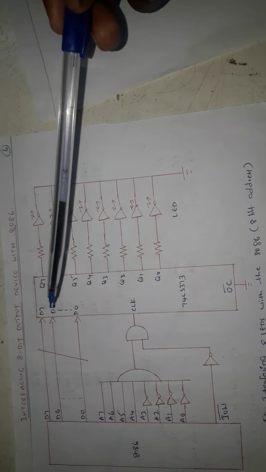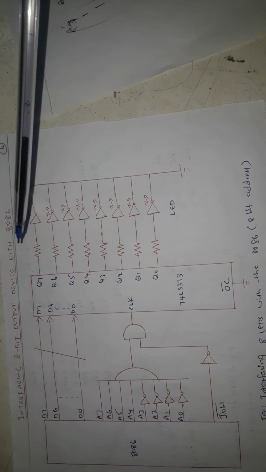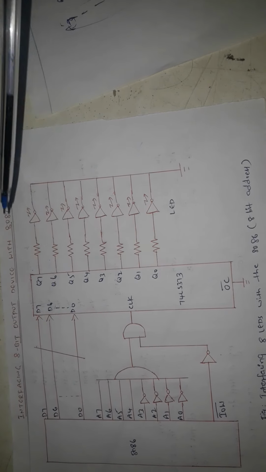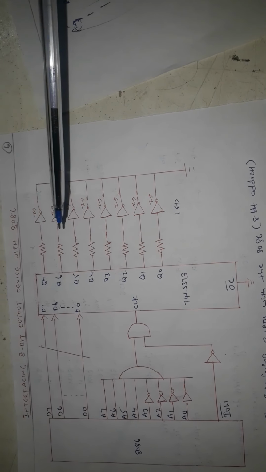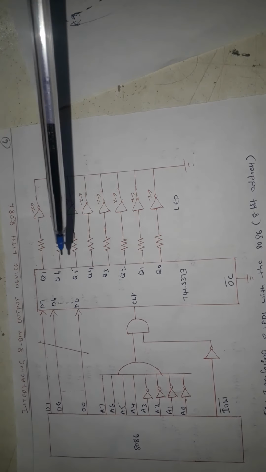So the data is given to the LEDs through the D0 to D7 pins. Based on the input combination, different LEDs may glow and different LEDs may be in the off condition. So this is how to interface an output device with the 8086.